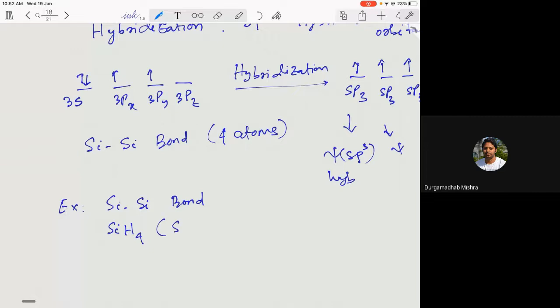This is a very famous gas, silane, which is quite used in the silicon semiconductor industry to make silicon. It is very similar to methane, CH4, where the hybridized carbon sp3 orbitals make a covalent bond with four hydrogen atoms.